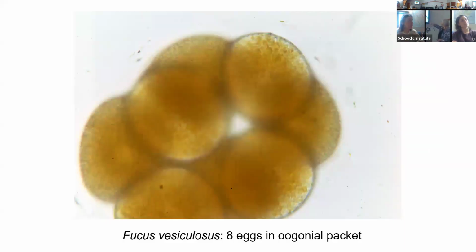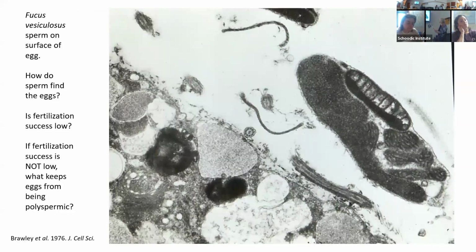This is a packet of 8 eggs that comes out of the receptacle. And very quickly, there's a little polysaccharide envelope that dissolves and the eggs are released. But in the lab, if you add sperm, which I had done, and that's the eyespot, they will quickly be attracted and they manage to eke their way in, and eggs are probably fertilized before they actually are in the water.